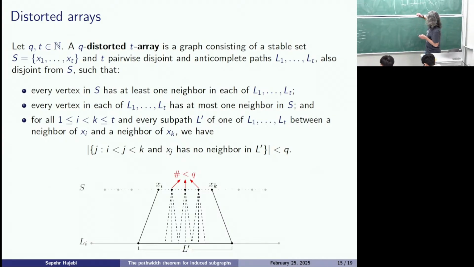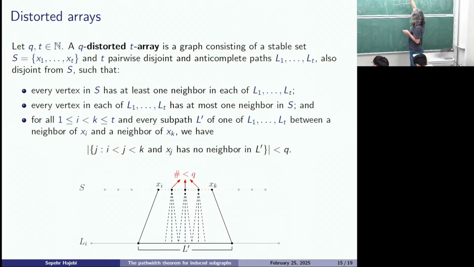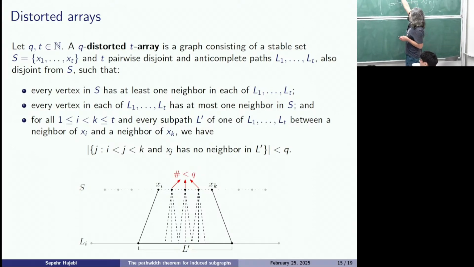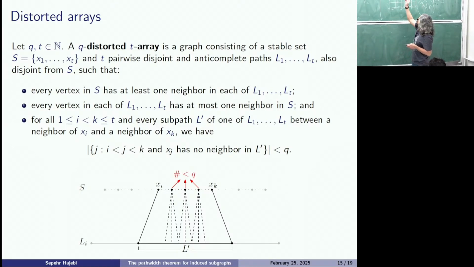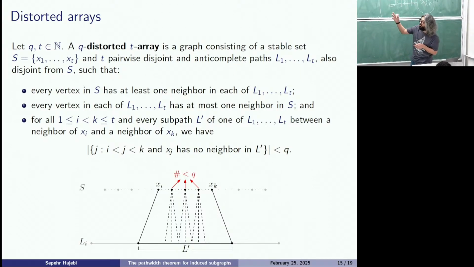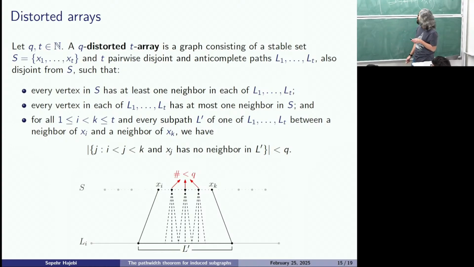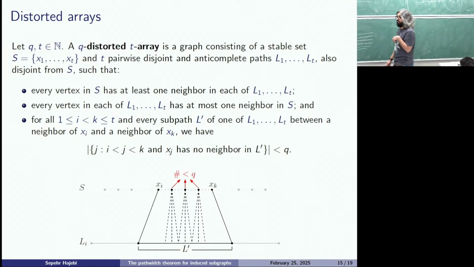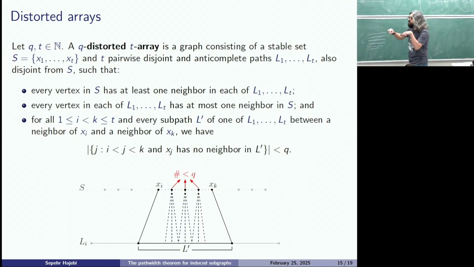And whenever you pick 2 vertices in the stable set, and you pick a path between them, then everybody in between, except possibly for a few, and that few has to do with the parameter Q that you choose, must have neighbors. And Q is fixed. So you fix Q, and then you choose T to be whatever you want.